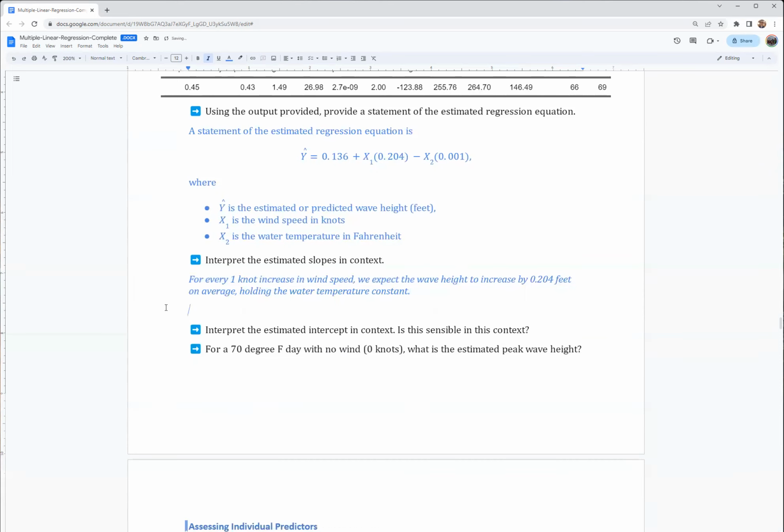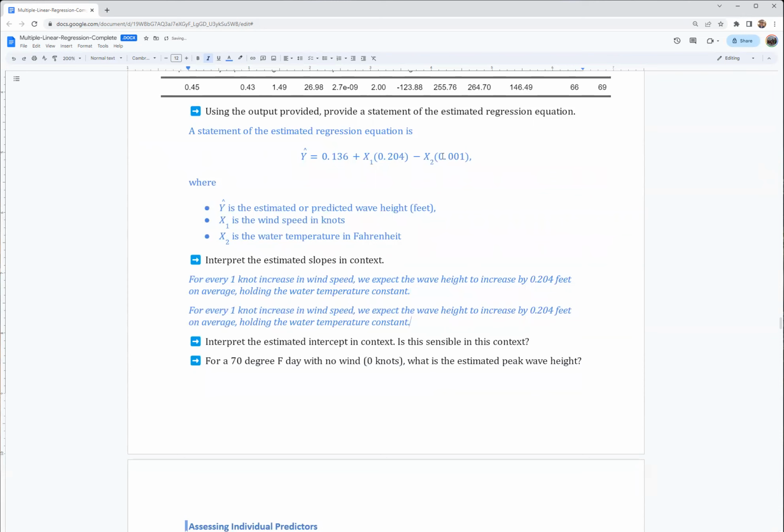For the second slope, which is negative, we say for every 1 degree Fahrenheit increase in temperature. Notice that we always say increase here, even if the slope is negative. We expect the wave height to, and now instead of increase, it's decrease because the slope is negative.